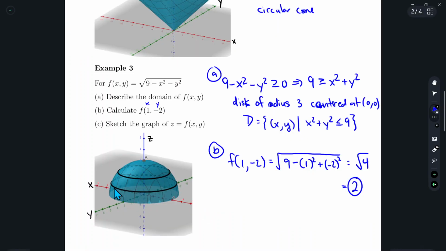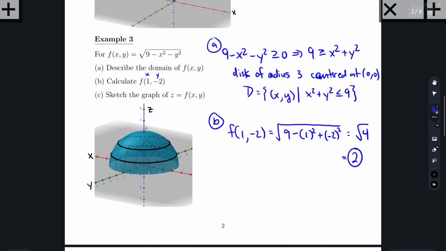So this is a half sphere. It's the top half of a sphere of radius 3. The center is at the origin. So this is the upper half of a sphere of radius 3, centered at the origin.